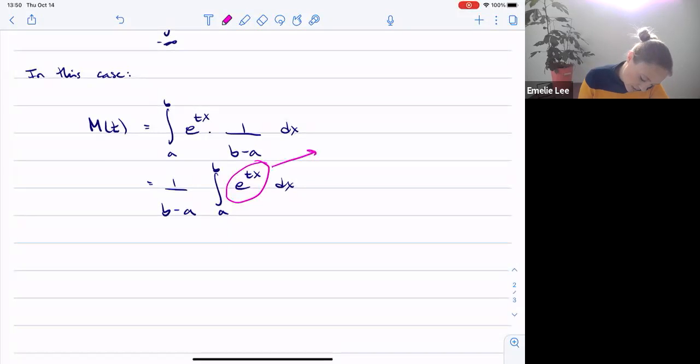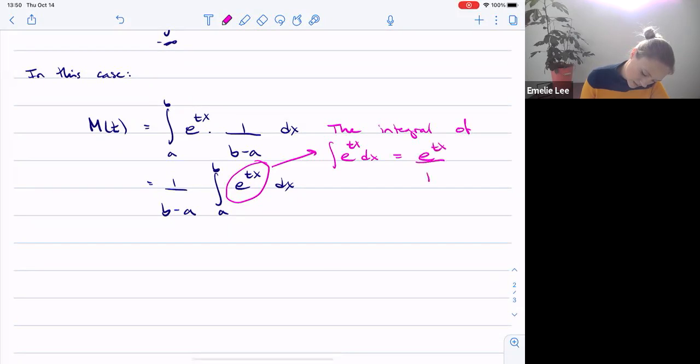And so the integral of e to the tx dx is e to the tx over t. Okay, that's going to be really useful to just remember.